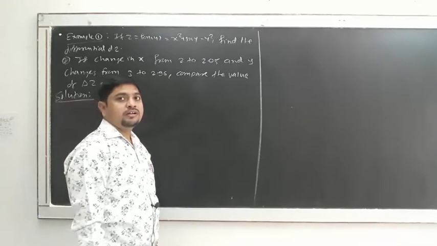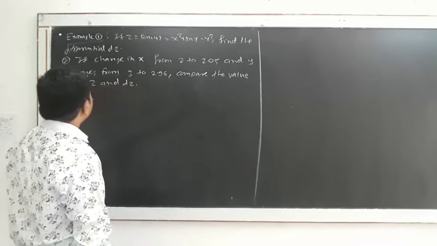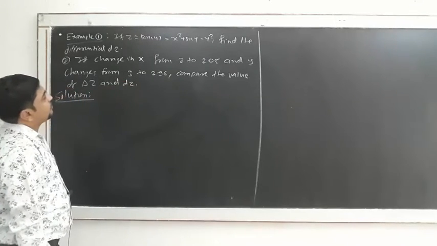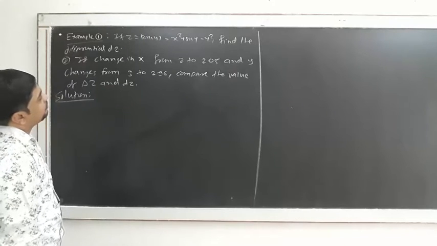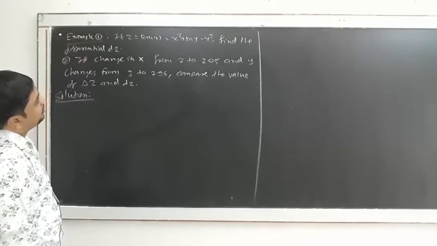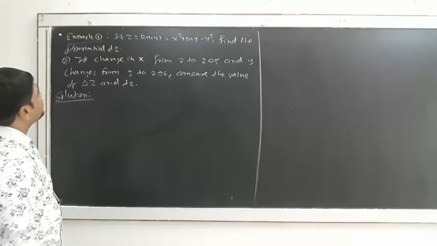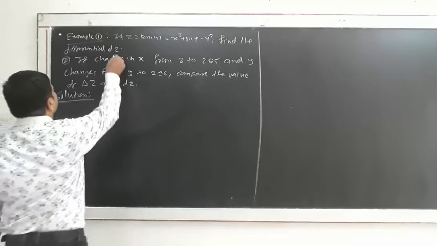Okay, so we solve one example. If z equal to f of x,y equal to x squared plus 3xy minus y squared, find the differential dz. That is our first target.